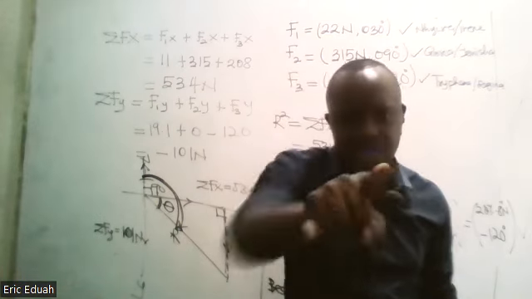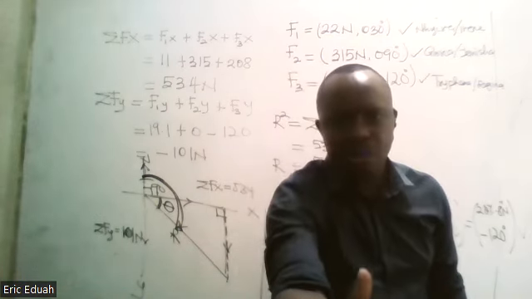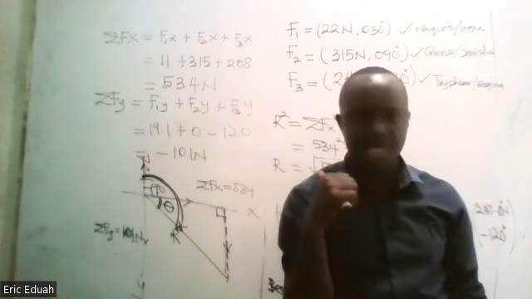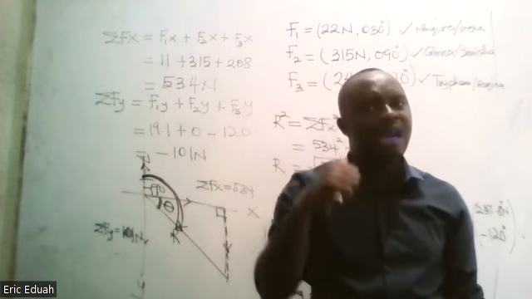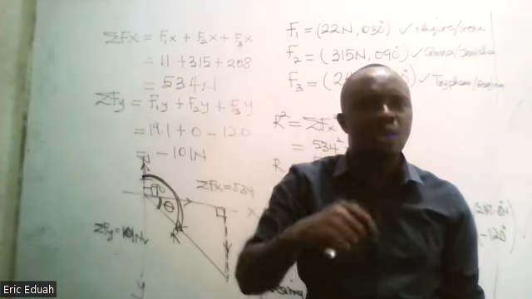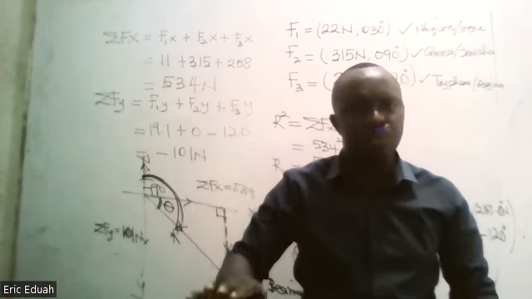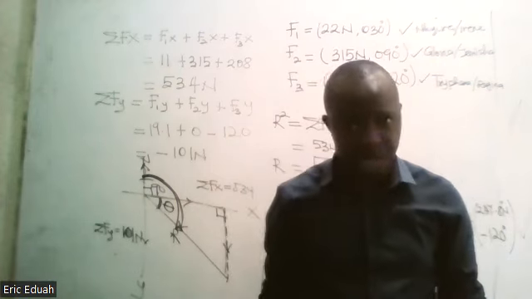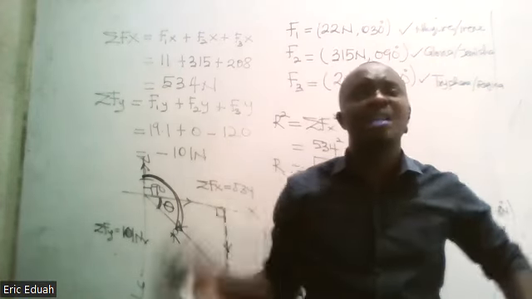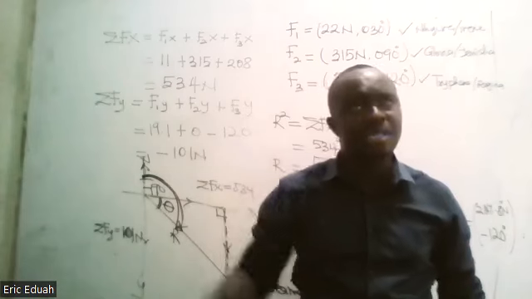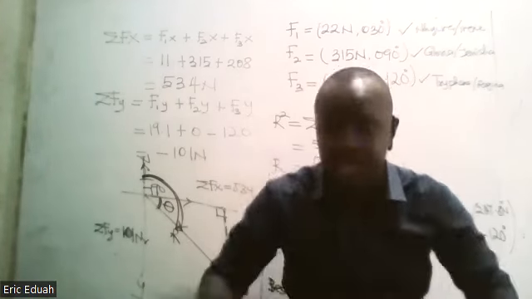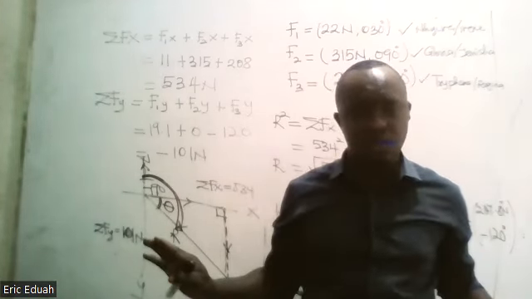So if the resultant is going in this direction, the equilibrium will be moving in the opposite direction. When that fourth force comes in, we have equilibrium state where the net force is equal to 0.